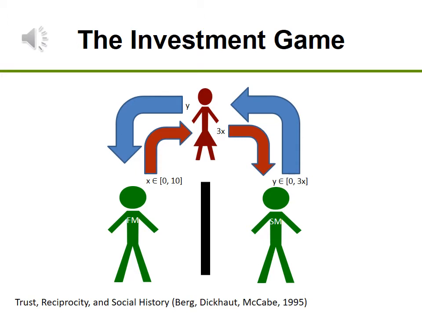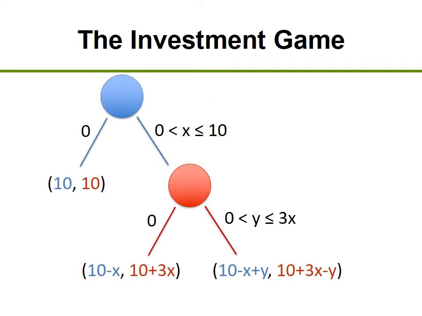Right? So we can represent this as a sequential game in terms of the game theory that we discussed previously. The first mover is the blue dot, and they have the option to send nothing. If they do that, everybody goes home with the $10 they started with, right? Or they can send some amount X that's between 0 and 10.